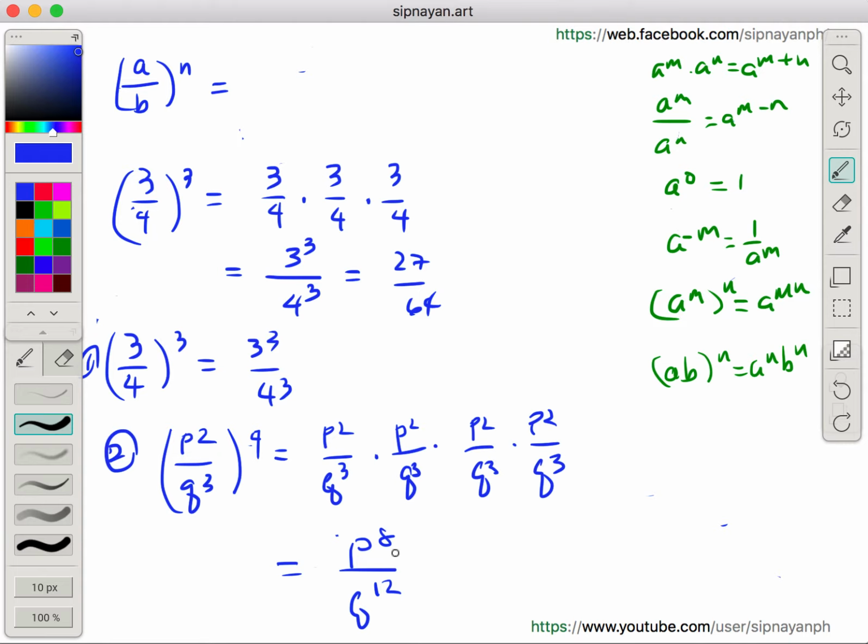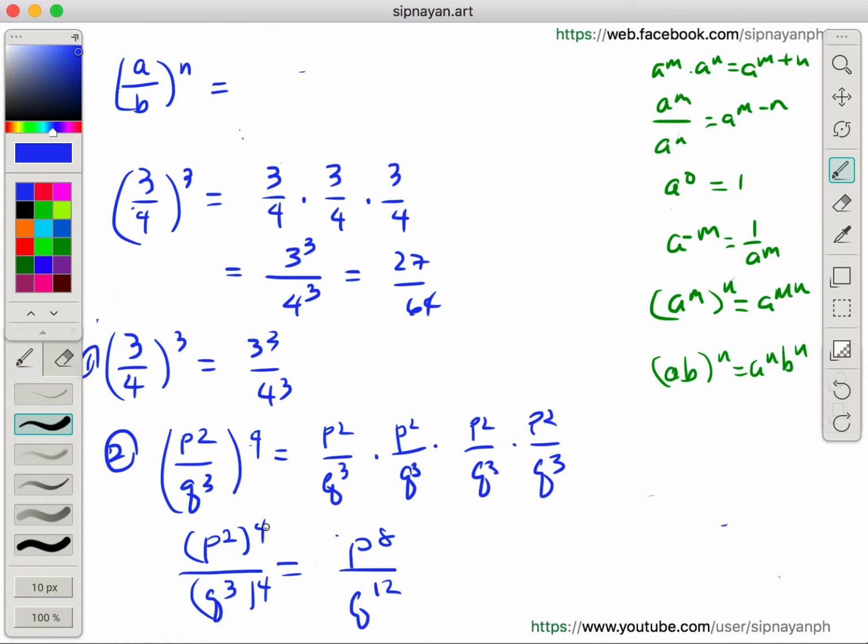But notice that yung 8, it's actually p squared raised to the 4th, and q raised to the 12th is actually equal to q cubed raised to the 4th also. Meaning, pag meron pala akong fraction na niraise ko sa power, pwede ko siyang i-split.